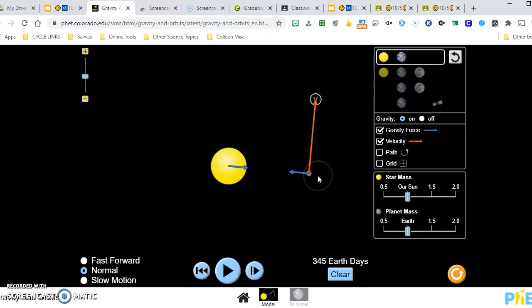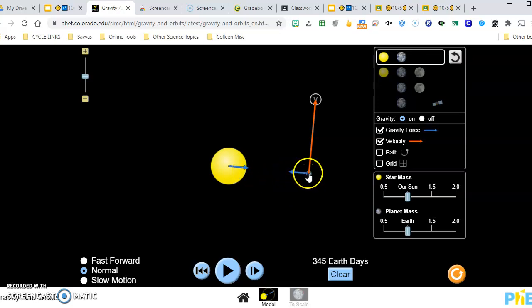And we have learned that gravity is affected by distance and mass. So if we were to decrease the mass of the Sun or increase the mass of the Earth, that's going to affect the gravitational force and therefore affect the orbit of the Earth.